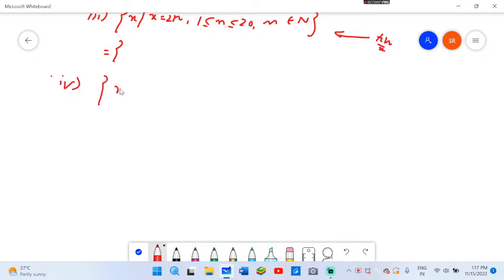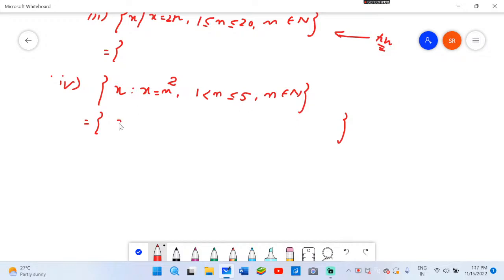x such that x is equal to n square and n lies between 5 and 1, meaning 5 is included and 1 is not, and n belongs to the set of natural numbers. So let us write the elements. n is greater than 1, so the minimum number to put is 2 because n has to be a natural number also.